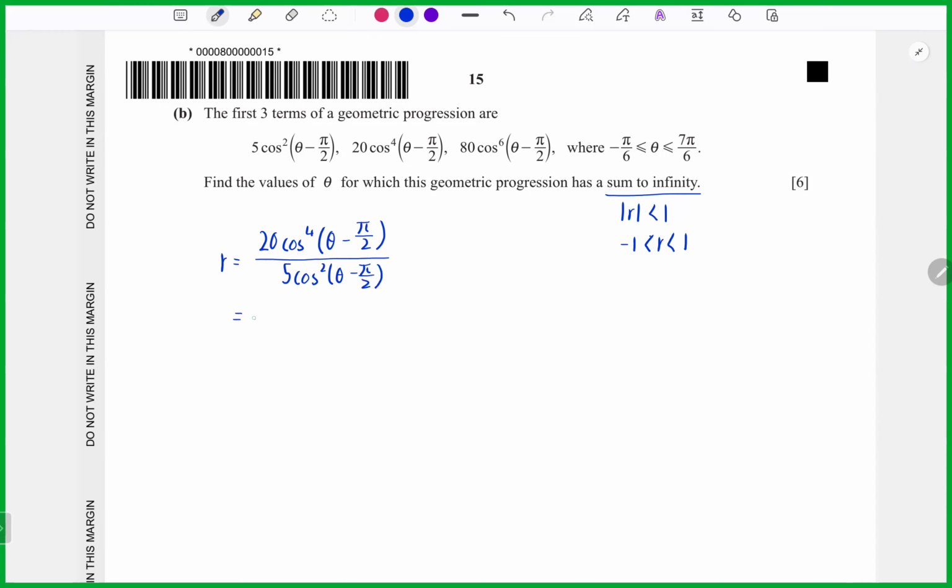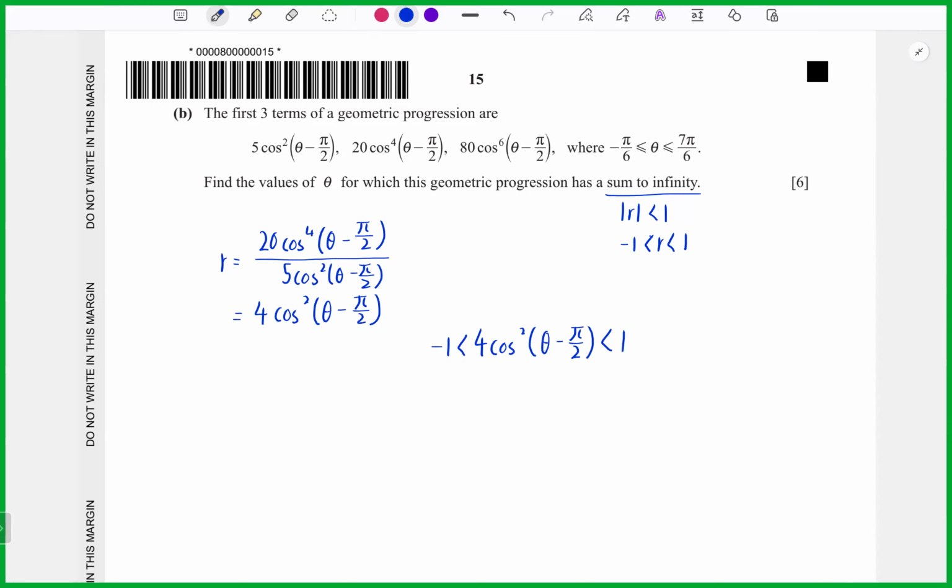So you will get equals 4 cos squared (theta minus pi over 2). So you can take 4 cos squared (theta minus pi over 2) between 1 and negative 1 here. Okay, so let's try.